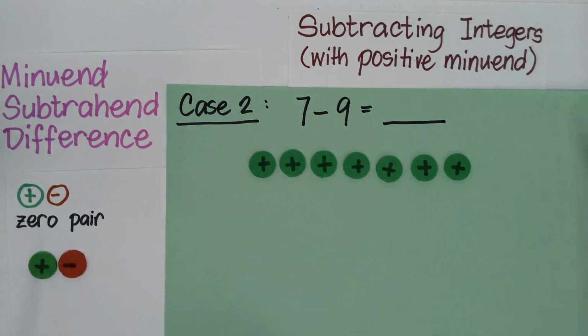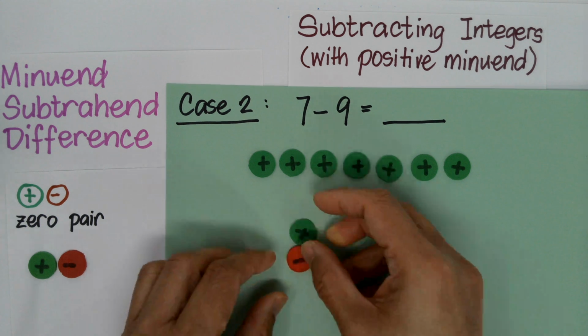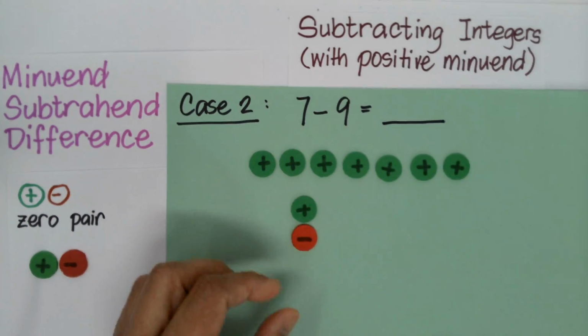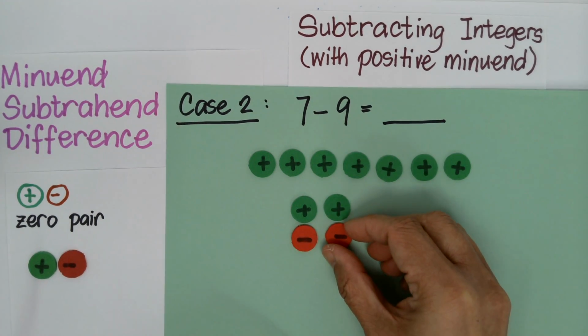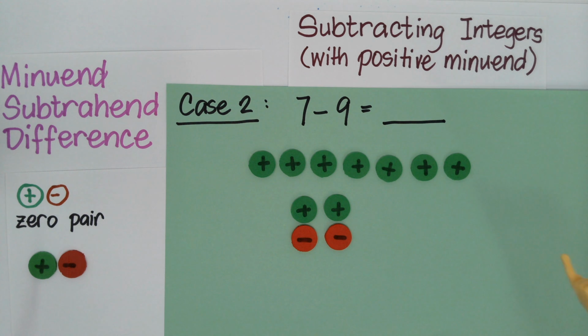Because we need two more positive discs, we will have to introduce two zero pairs, because each zero pair brings in one positive disc. So there you go. This pair gives a value of 0, so the entire representation still has a value of 7.